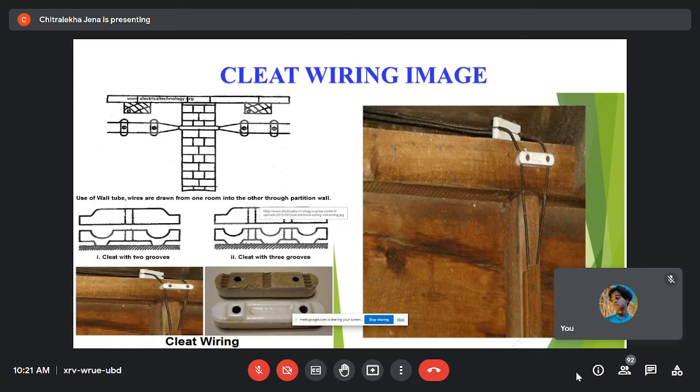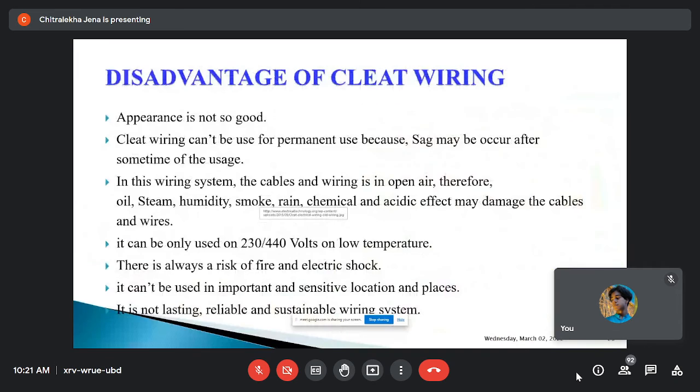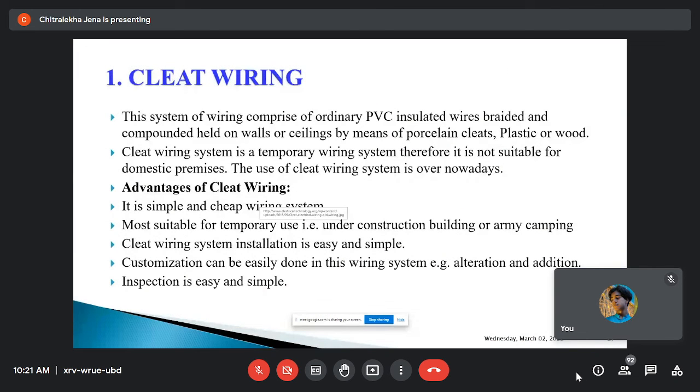This is not safe also. Understood, all of you? Yes, ma'am. I have written the advantages: it's simply a clean and cheap wiring system, most suitable for temporary use in an under-construction building or army camping. You have seen an army camp.